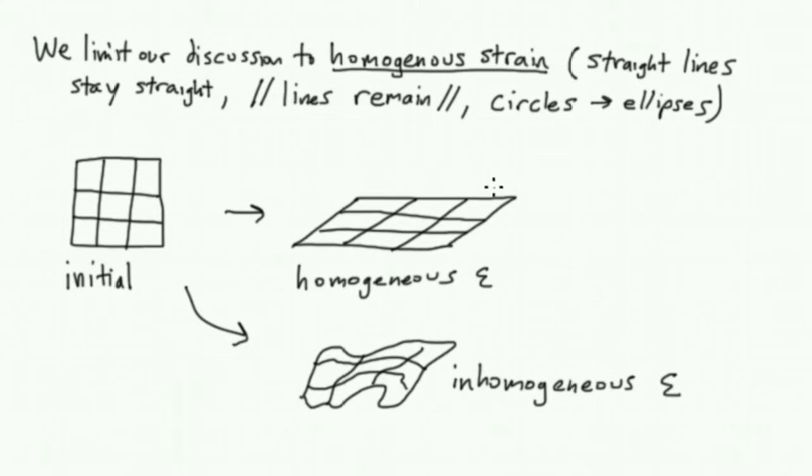So homogeneous strain is much more tractable mathematically. We can describe things that occur, even though nature often gives us inhomogeneous situations. We can describe them, or have some hope of describing them, by using this approximation of small regions that are essentially homogeneous.